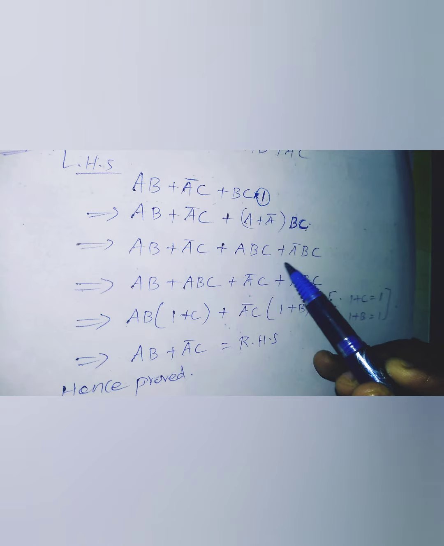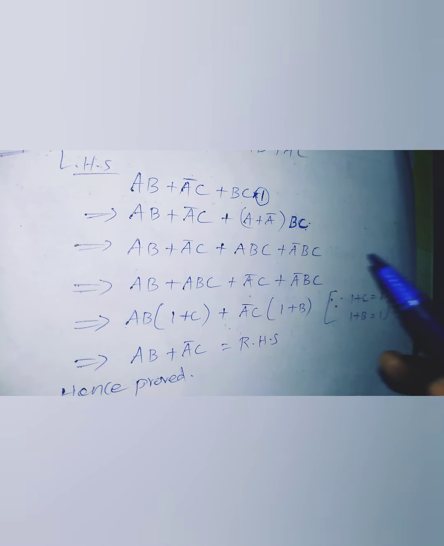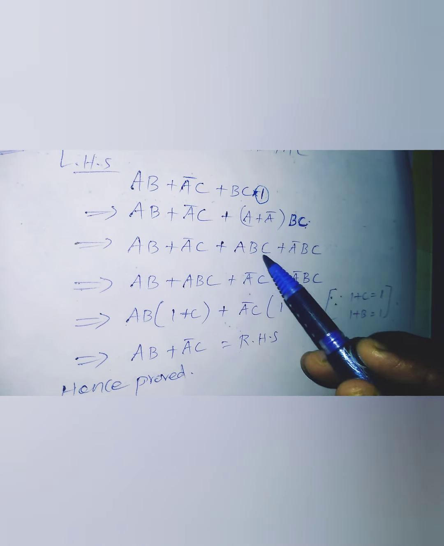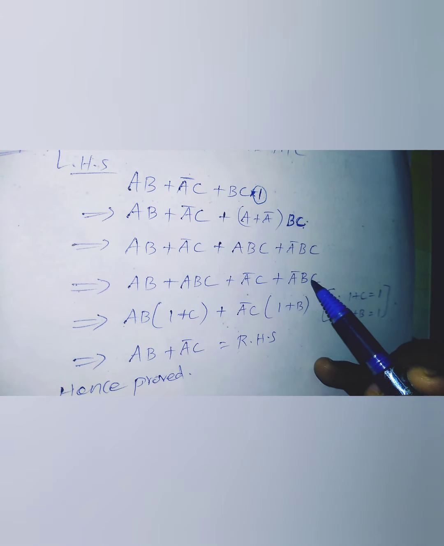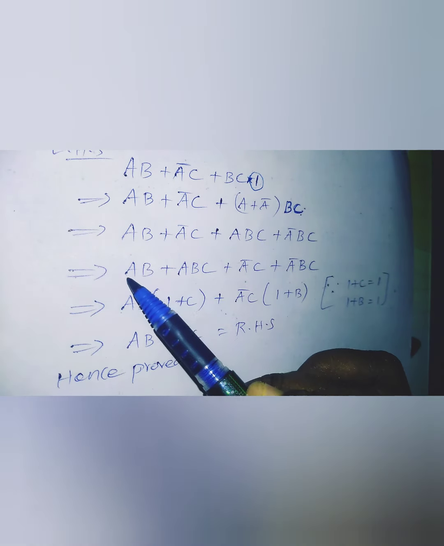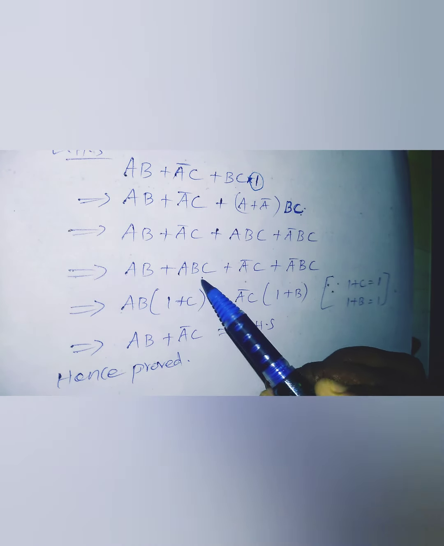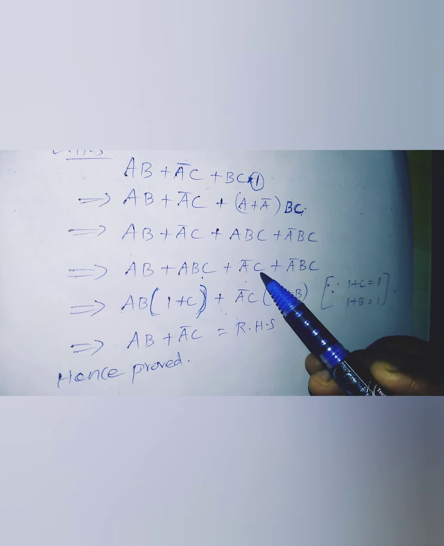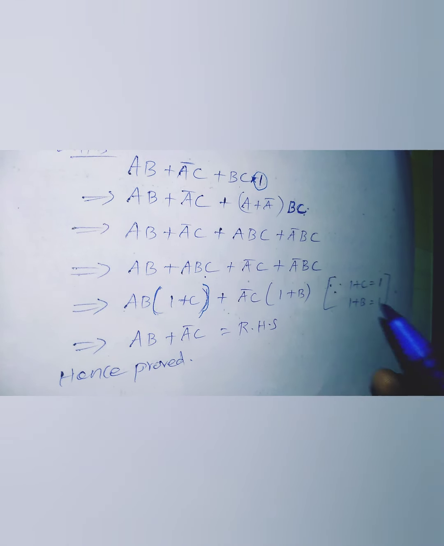I am just replacing the terms, which is possible according to the commutative law. So AB plus ABC, and A bar C plus A bar BC. AB is common in these two terms, so I am taking it out: AB into (1 plus C), and A bar C is common over here, so A bar C into (1 plus B).